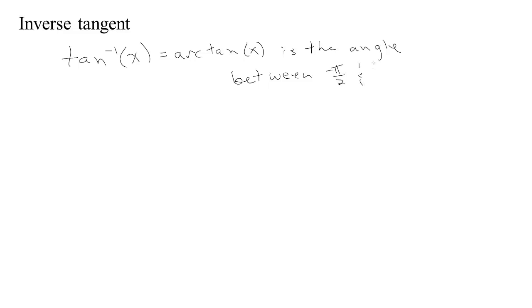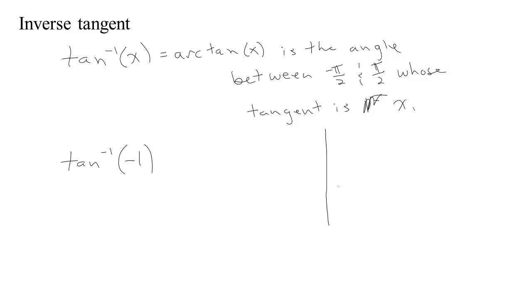So the arc tangent of x is usually taken to be the angle between -π/2 and π/2 whose tangent is x. Okay. So for example, if somebody asked you, what is the arctangent of -1?